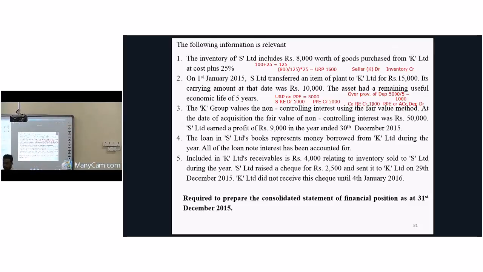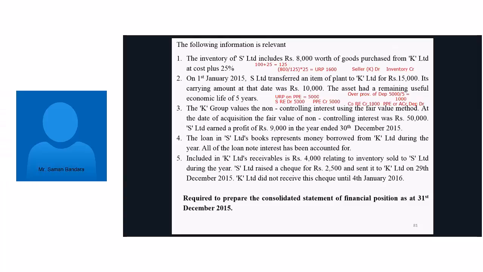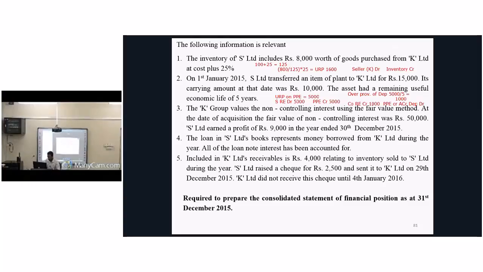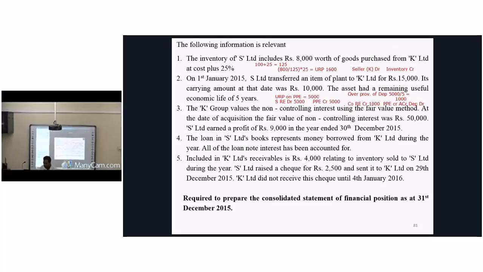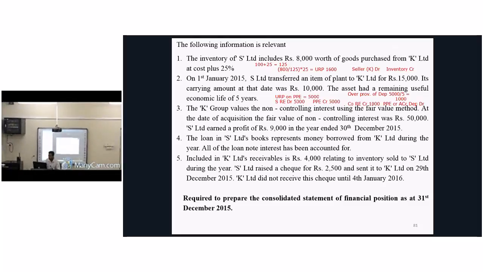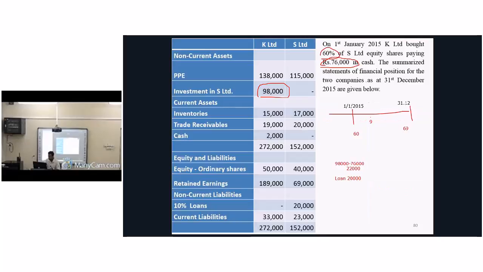And they are talking about interest as well. Then the interest component on that: they have recognized interest, and interest received is 2000.